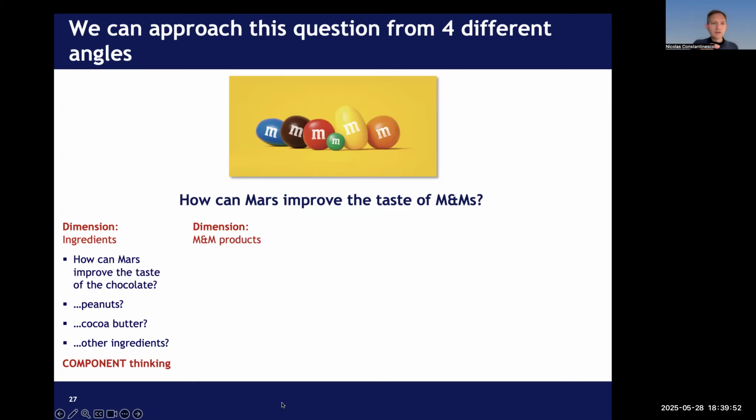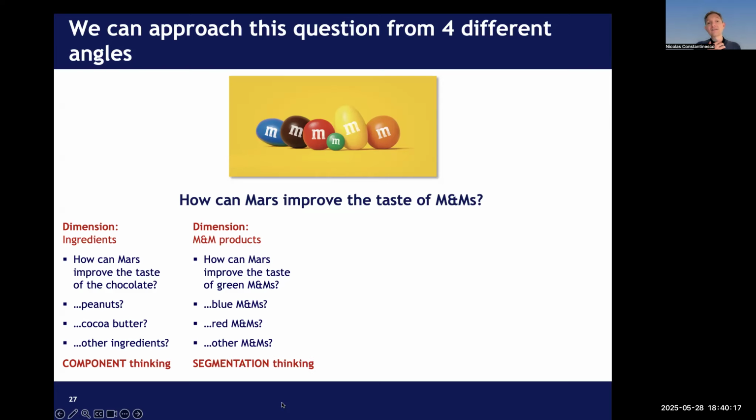My example here is a little bit messed up, but you'll get the point. So you can say, hey, how can Mars improve the taste of the M&Ms in brown bags? How can they improve the taste of M&Ms in yellow bags, in blue bags, and so on and so forth? That's another way of looking at it.